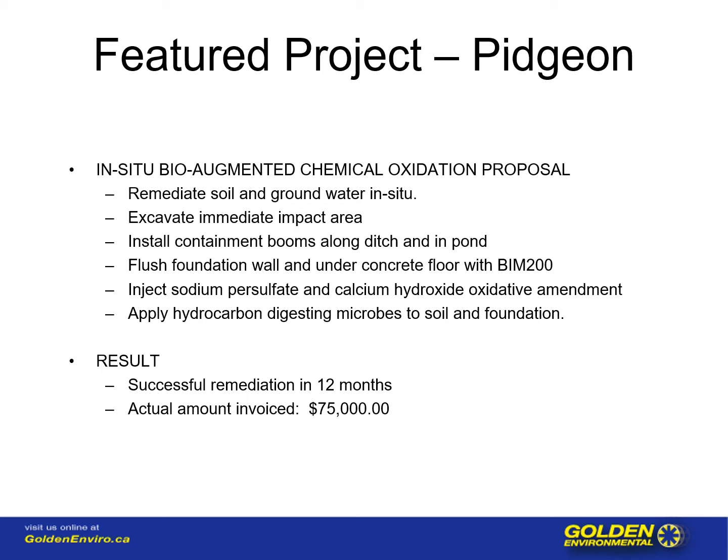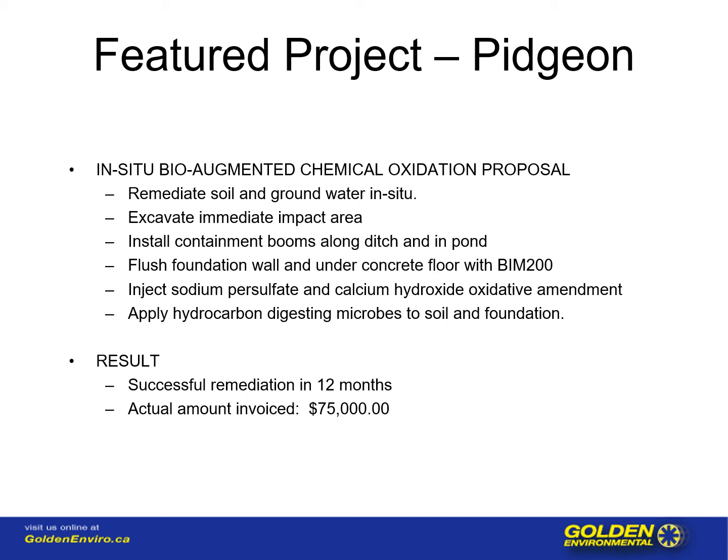Then we flushed the foundation wall and under the concrete floor with the BIM 200, which you saw demonstrated in the video earlier. This killed all the volatile aromatic compounds so that the family could stay in the home. Then we injected a mix of sodium persulfate and calcium hydroxide, which is an oxidative amendment.